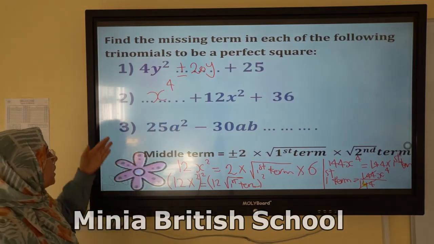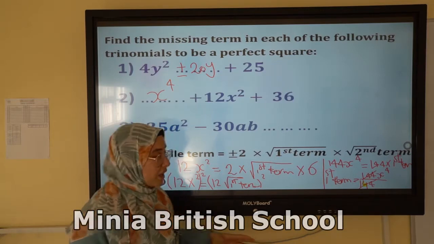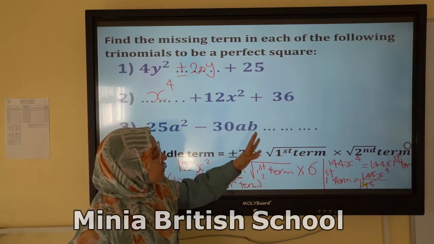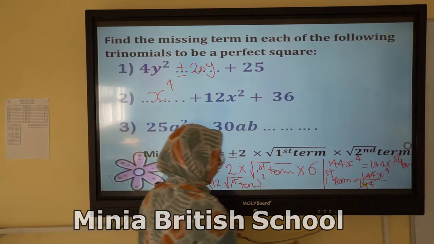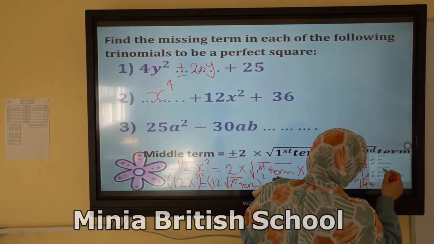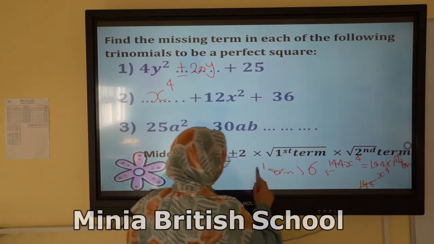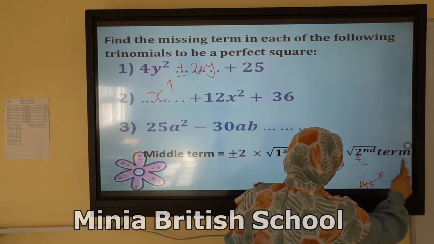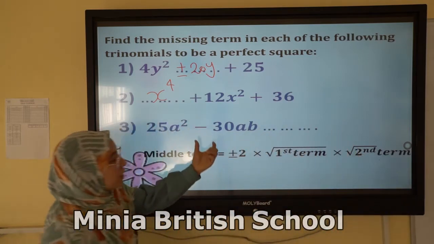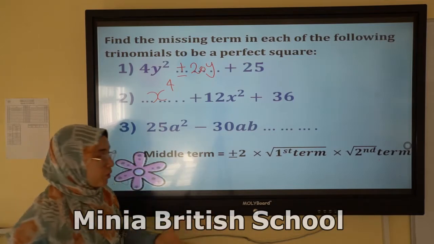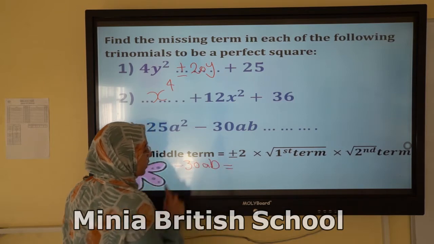The same idea here. Number 3, the missing term is the second term, the middle term being given. Here I need to find the second term now by the same rule, okay? The middle term, negative 30AB, equals what?